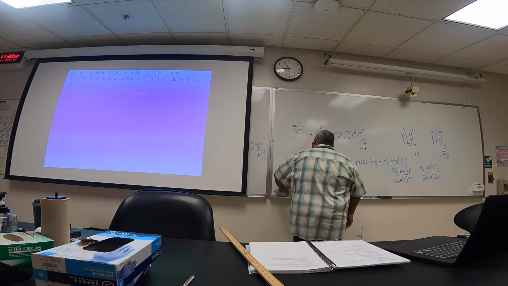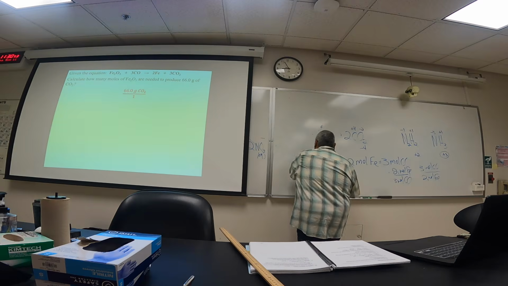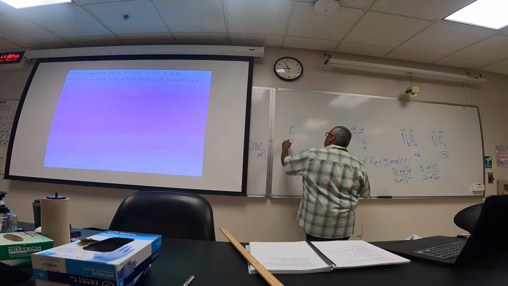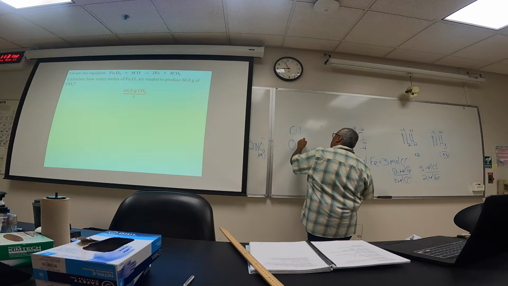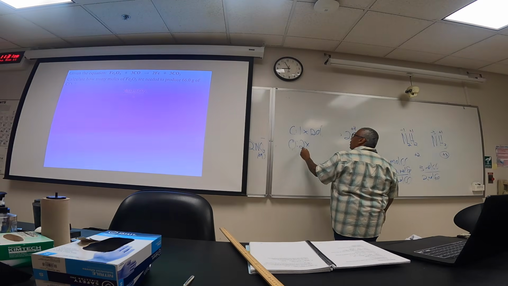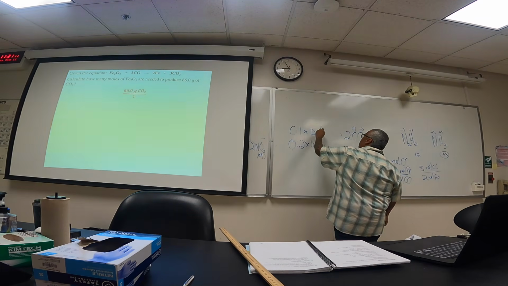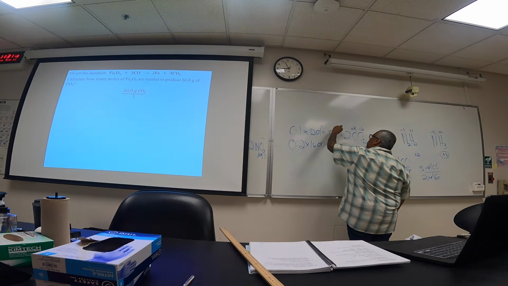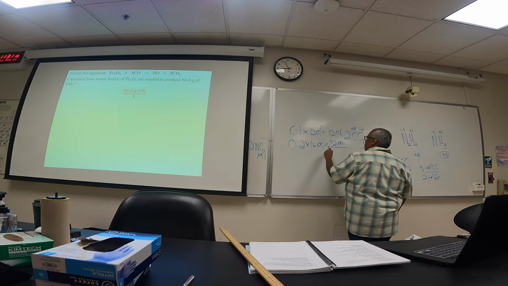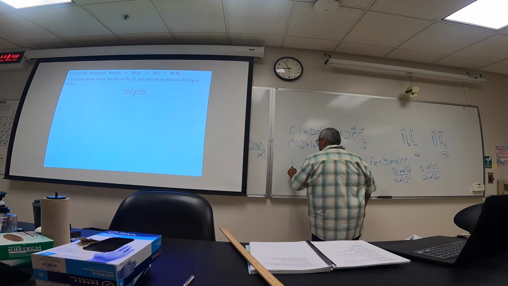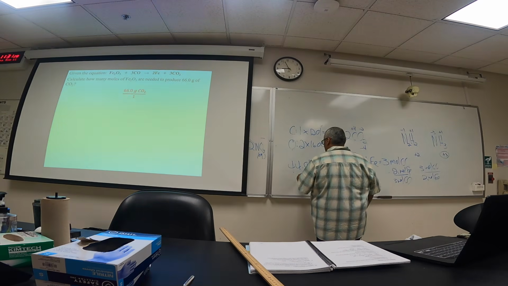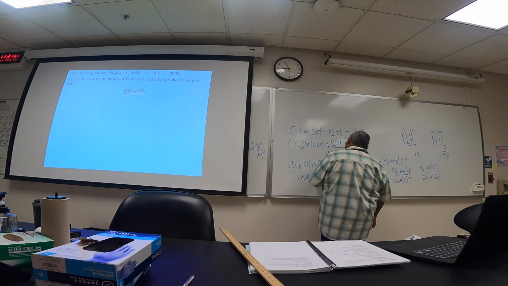So if we go to carbon dioxide, if we go to the periodic table, we have carbon, oxygen, there's 1 carbon, there's 2 oxygens. Carbon is 12.01, oxygen 16.00, 12.01 plus 32.00, 44.01, 44.01 grams of CO2 for every mole of CO2.